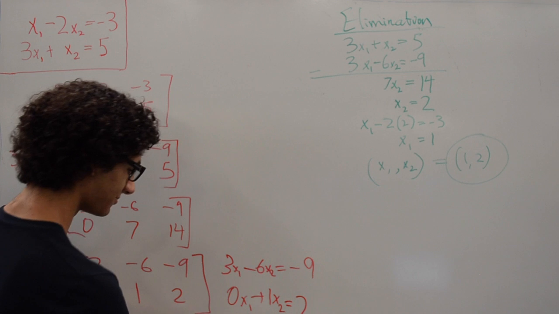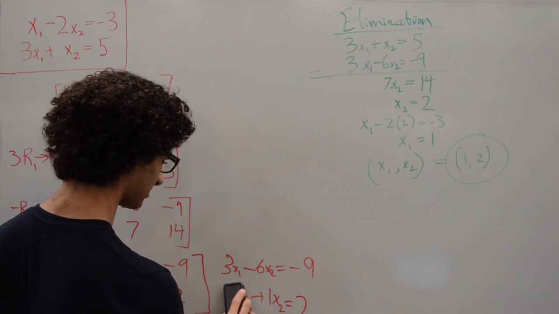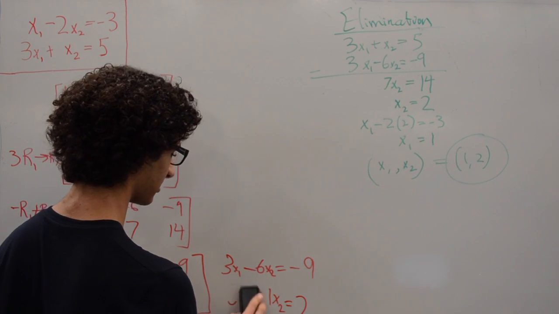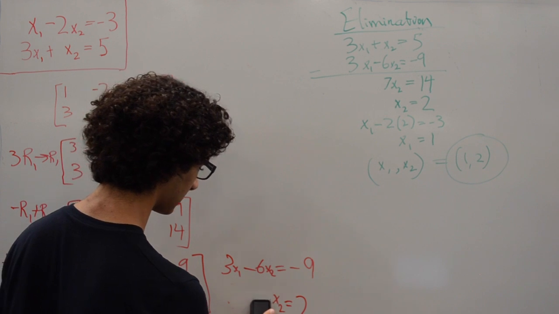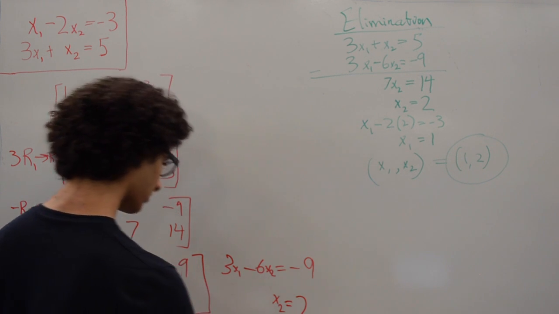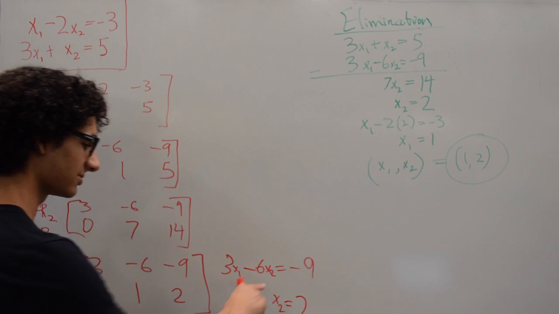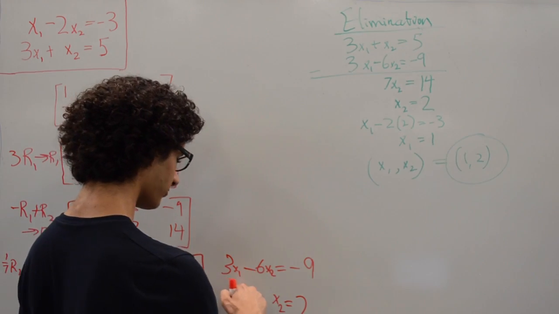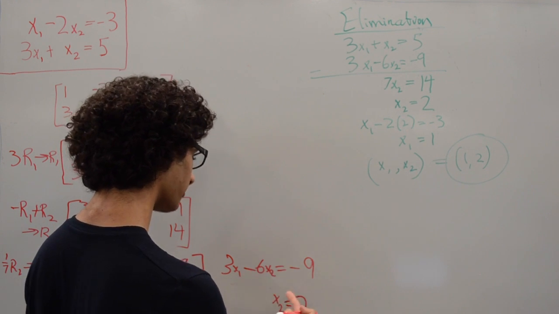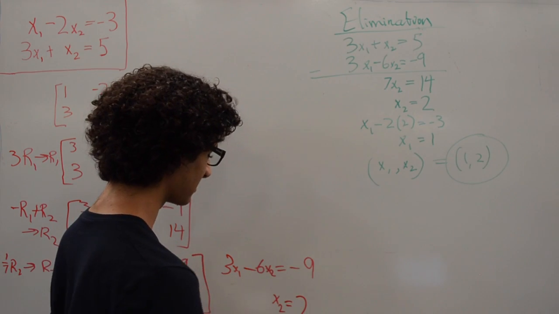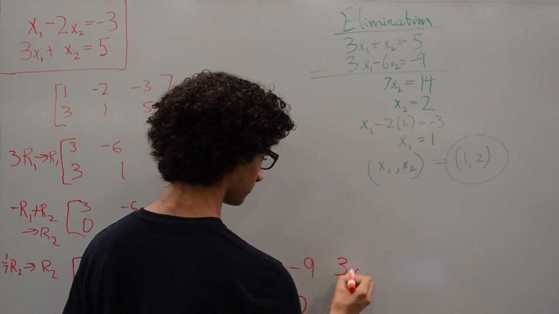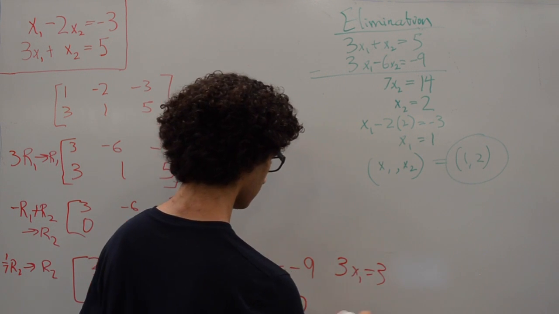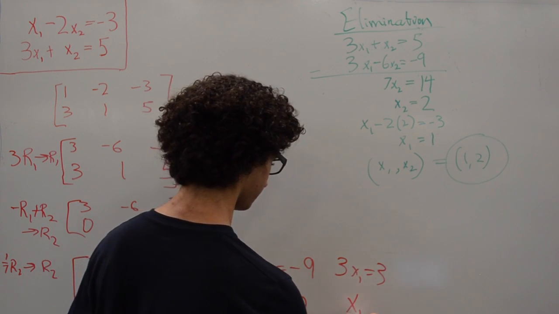We can eliminate this redundant 0x1, and we can just say 1x2 as x2. So x2 equals 2, and substituting back into our first equation, we can find x1. 3x1 minus 6x2 is 12. Add 12 to both sides, and we get 3x1 equals 3, or x1 equals 1.